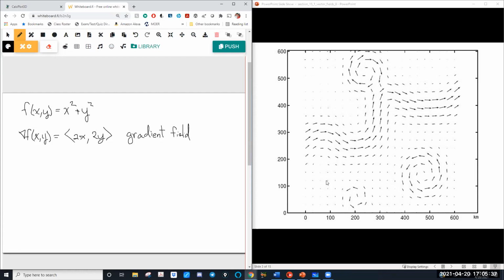So the idea behind a vector field, I think, is a little intuitive for us, because we can imagine a current going through a river, and that at certain points in the current, it's going to be stronger, and at certain points, it's going to be not as strong.